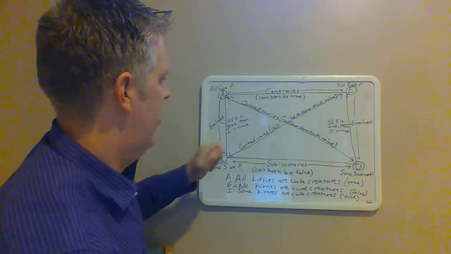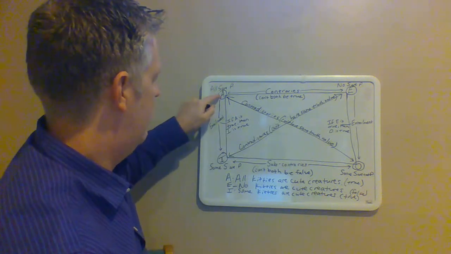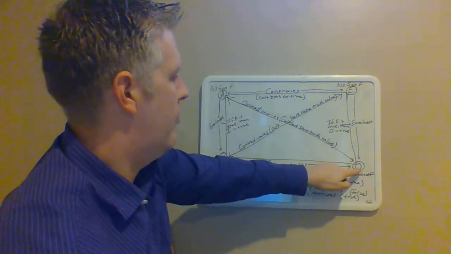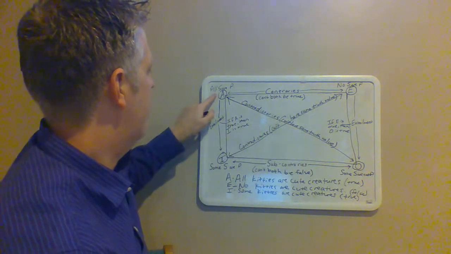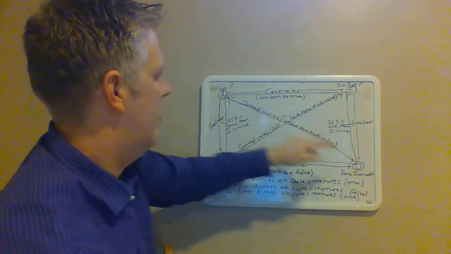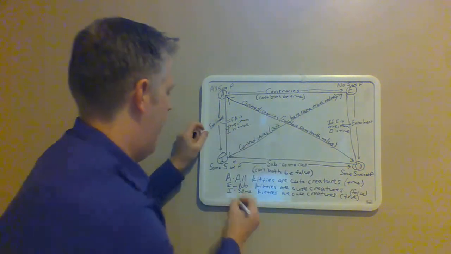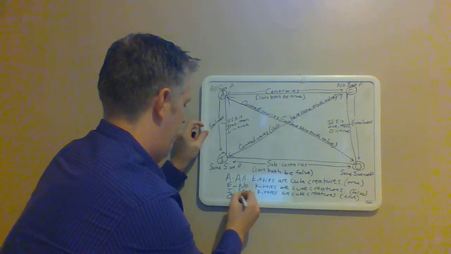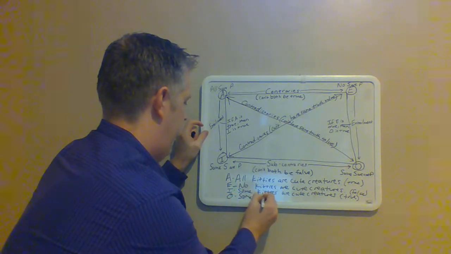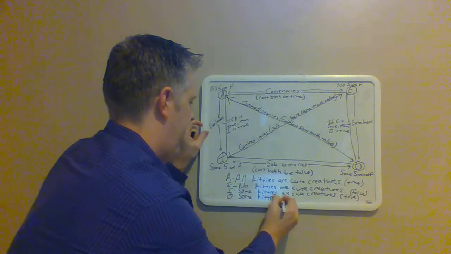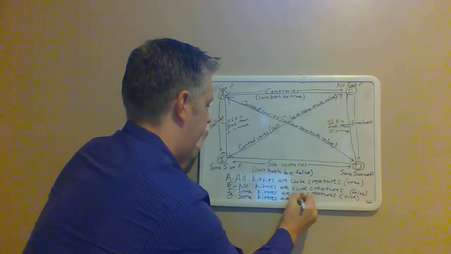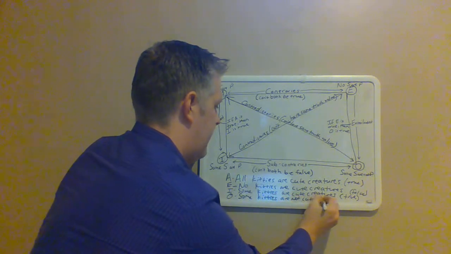So that's going to have to be true. And we also know something about the corresponding O standard form claim. Since we know the A is true, the O will have to have the opposite truth value: "some kitties are not cute creatures."